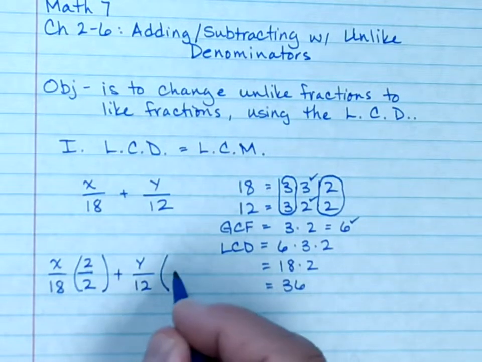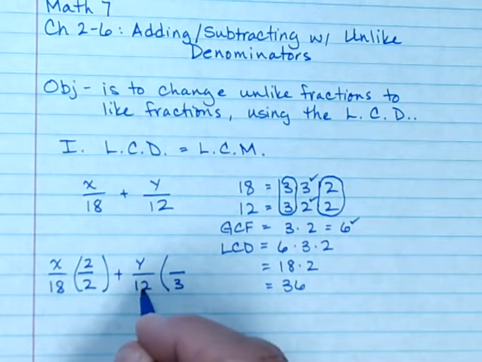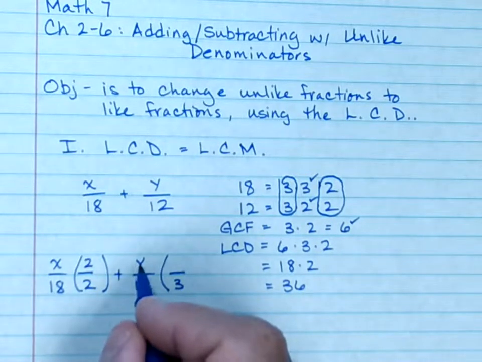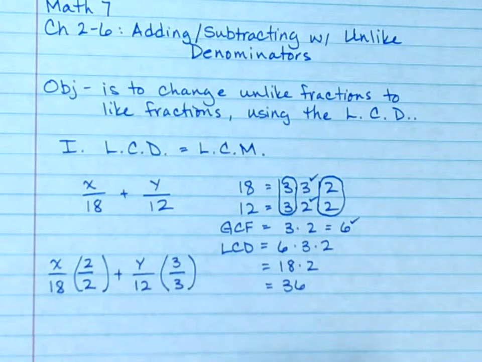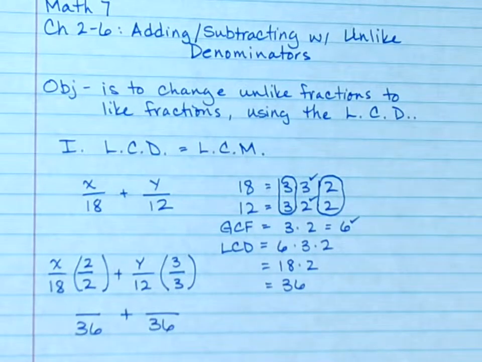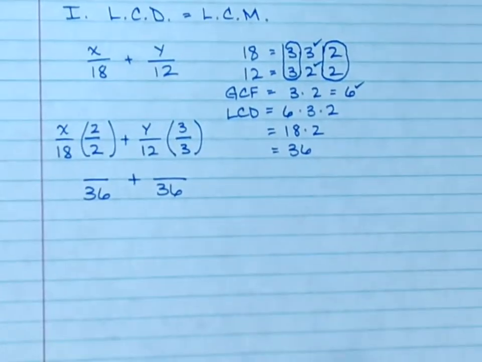That would be 3. Again, if we multiply the denominator by 3, we're going to multiply the numerator by 3. In short, both denominators are now 36. Once we do that, we can add or subtract our numerators. So now we're going to get into that.